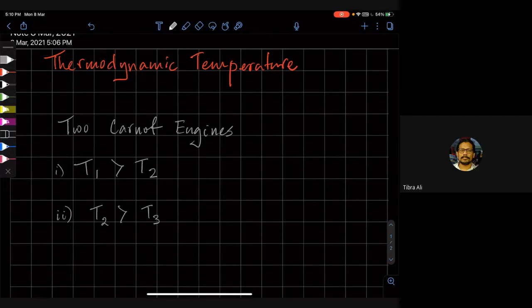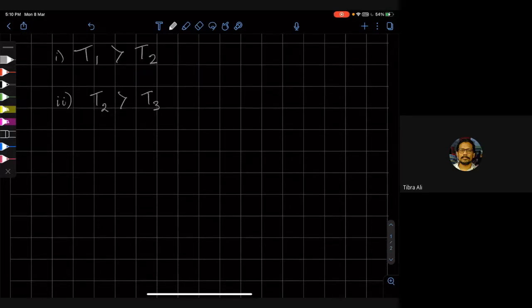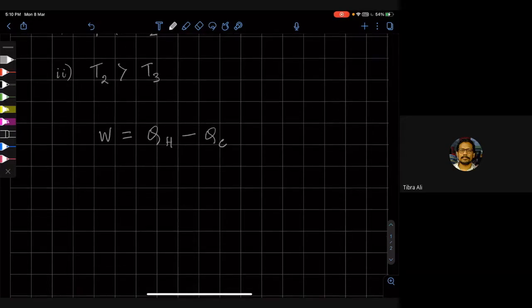Now, for a Carnot engine, we know that the work done is given by the heat that is absorbed at the higher temperature minus the heat that is dumped at the lower temperature. And we remember that we defined the efficiency, eta. A Carnot engine is essentially defined by the two temperature reservoirs that it acts between, right?